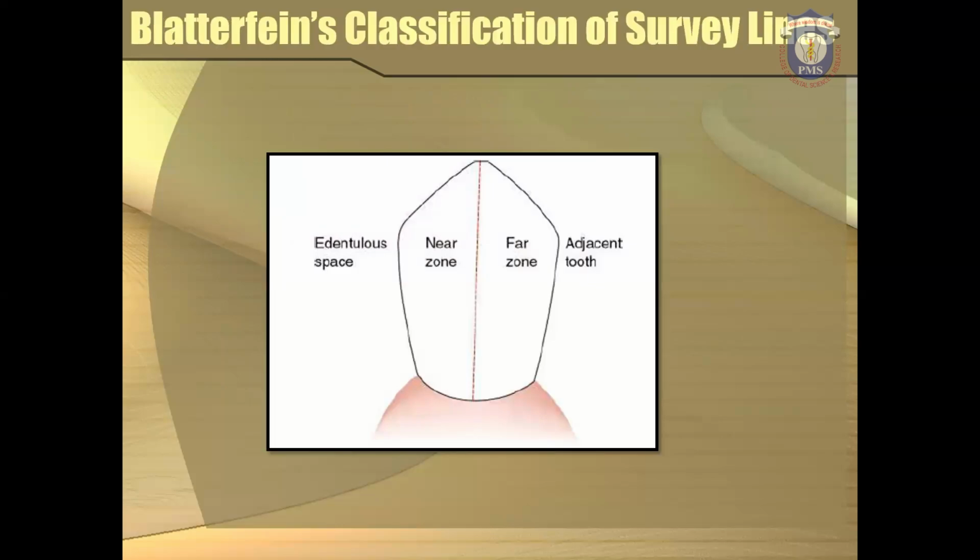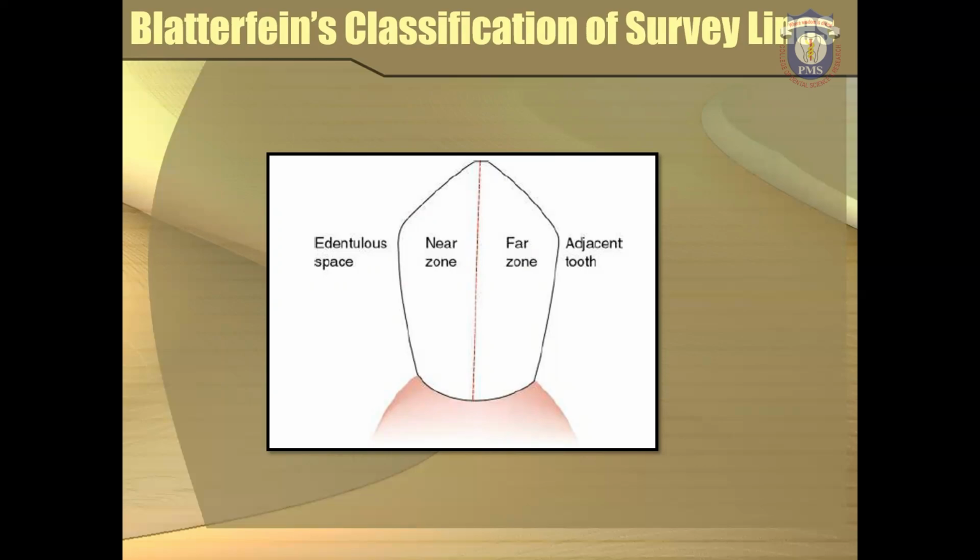So according to Blatter-Fien, the survey lines are classified into 4. Okay, so the Blatter-Fien divided the tooth surface into near zone and far zone. The area adjacent to the edentulous space is known as the near zone, and area far away from the edentulous space, the other side, is known as the far zone.